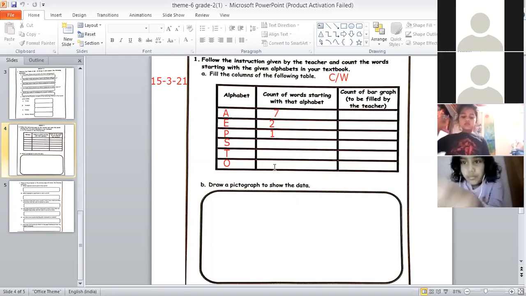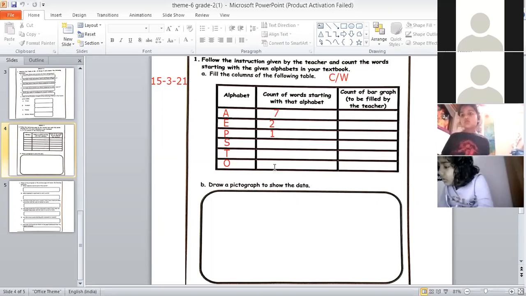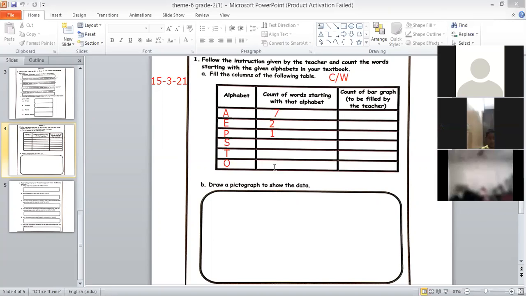Aliza, now letter is S. Count how many words are there on page number 1 starting with letter S. Yes, how many are there?